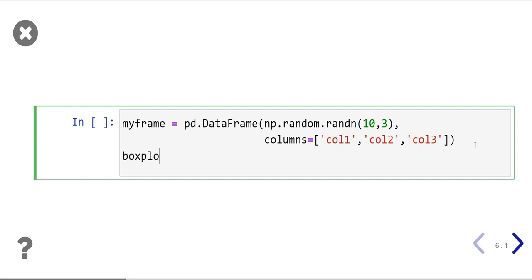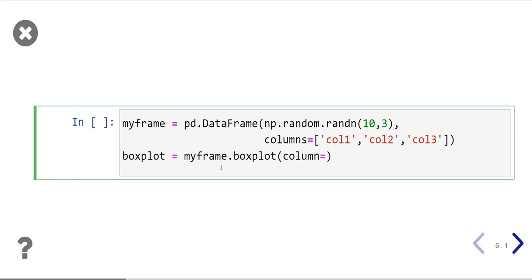Then now we can generate the box plot using the my frame data, with the column names.